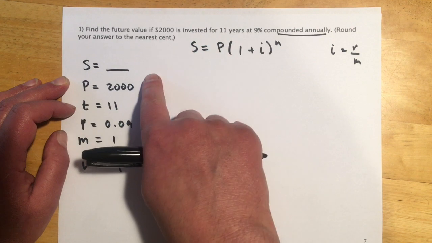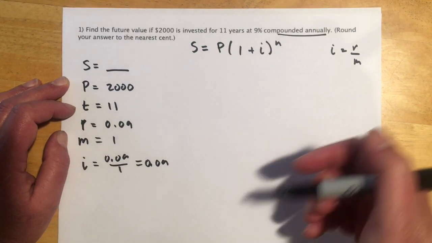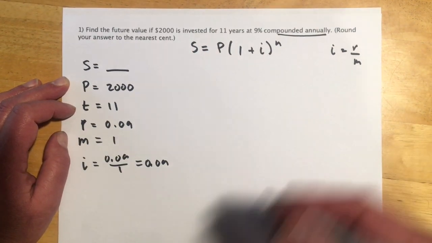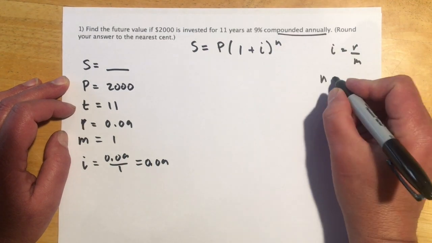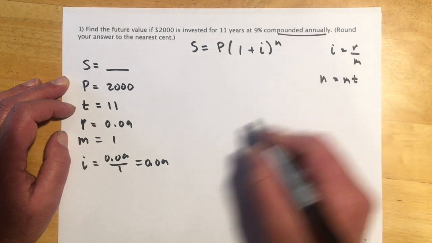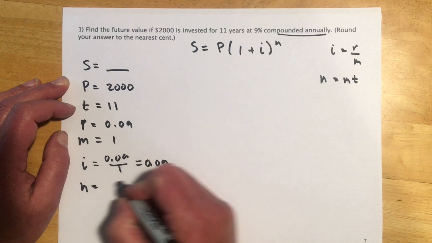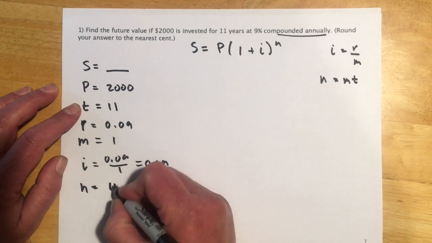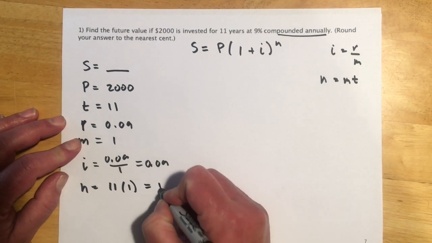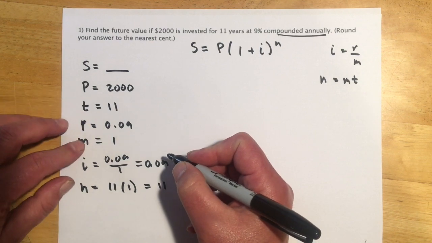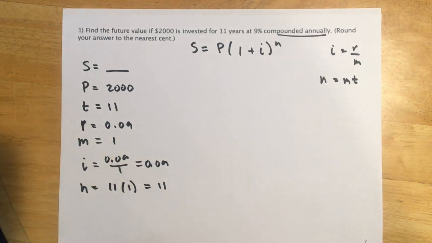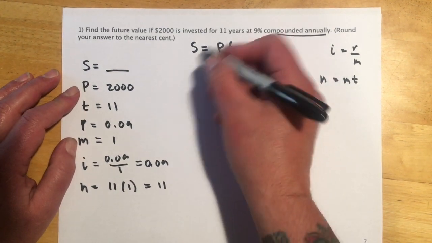And then likewise, find the N right here, that was MT, and so N would be 11 years times M, but it's just 1 again, so that stays 11. As we go forward, the M is going to be something other than 1, and then that stuff will matter. But for this one, it's pretty easy.